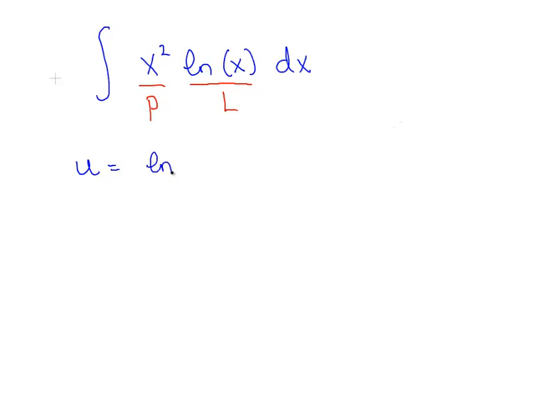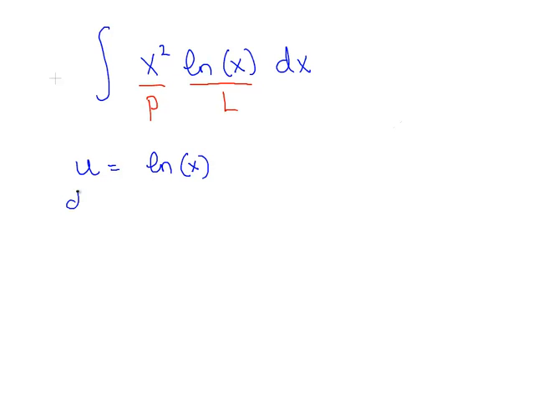Okay, so let's evaluate the integral of x squared log of x dx. According to the LIATE rule, this is logarithmic, and this is a polynomial. So u is going to be log of x.